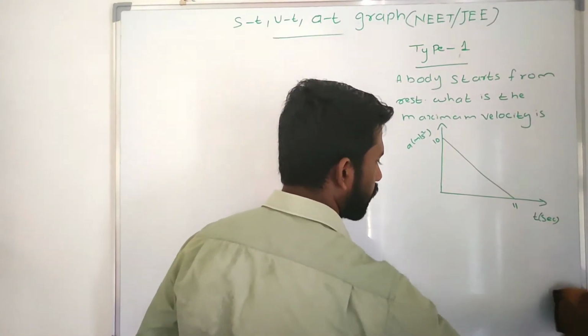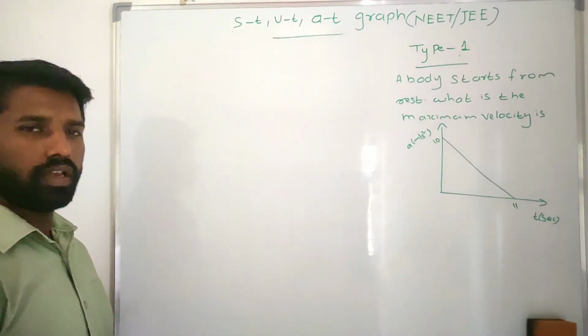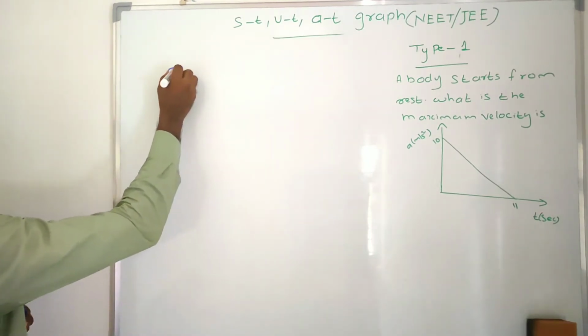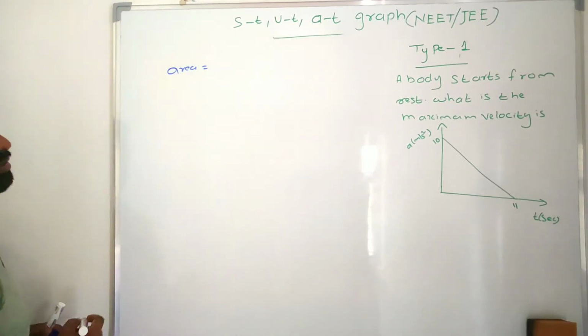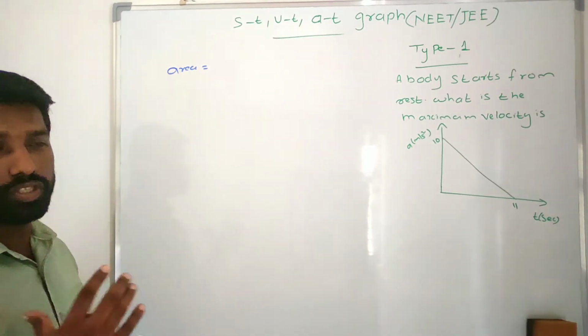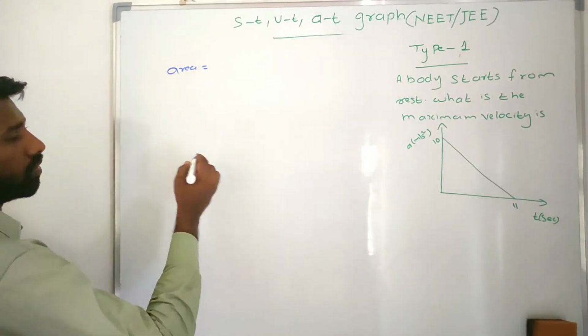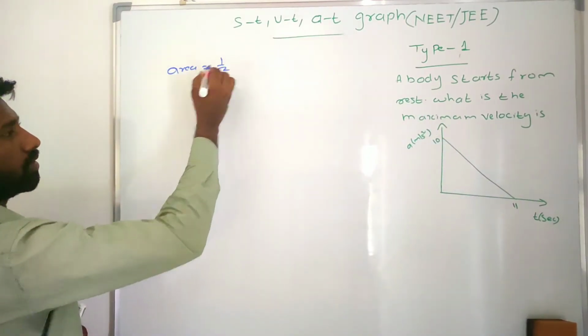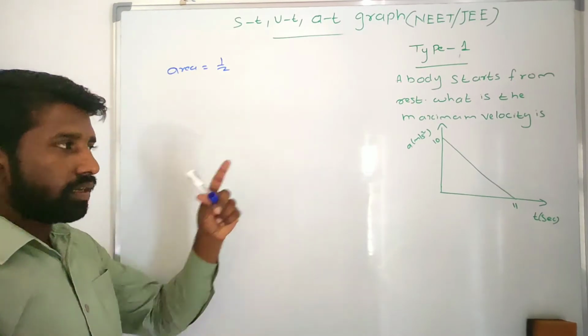What is the area of an acceleration-time graph? We already studied it as change in velocity. So I am going to find the area of this graph. What is that shape? That is a triangle.